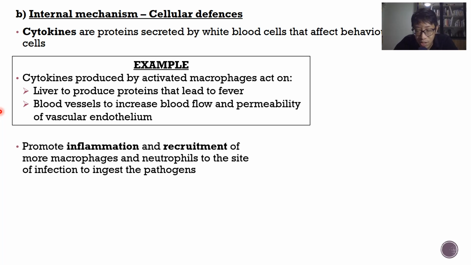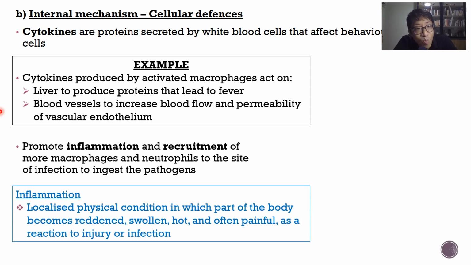Inflammation is a result of the increased blood flow and increased permeability of the capillaries. Also, when we say inflame, right, we are really talking about certain swelling, reddening of the site of infection, right?